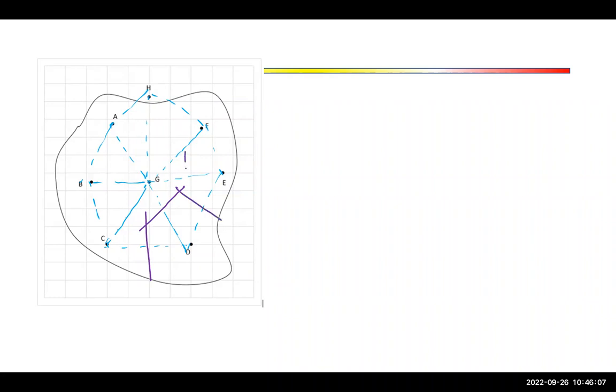Then I will draw for this one, this one. Something like that, right? And if I just consider one area for station B, that is the area I have, right? Does that make sense?